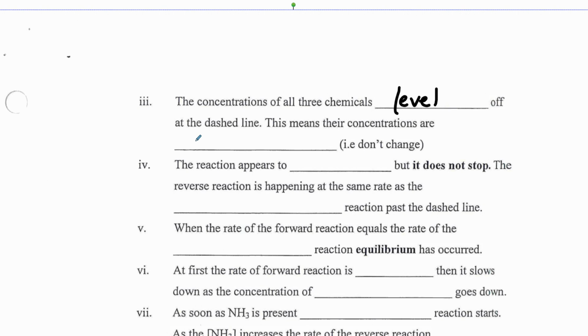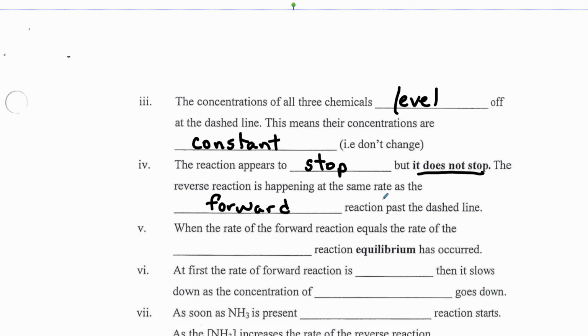This means their concentrations are constant. They're no longer changing. The reaction appears to stop, or you might interpret those leveled off lines as the fact that the reaction's over, but it actually does not stop. The reverse reaction is happening now at the same rate as the forward reaction.